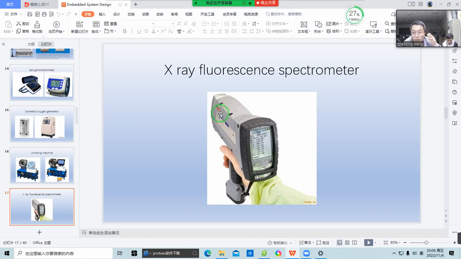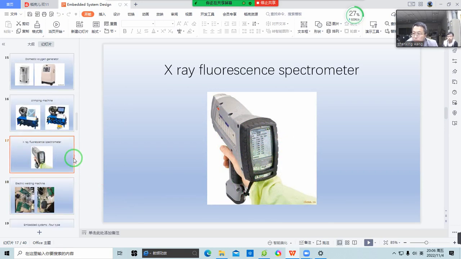First an X-ray is shot at the material, and the material bounces back the X-ray, and then it receives the voltage and the quantity of those X-ray particles. After gathering enough signals, it displays all this data on the screen. So this is also used in an embedded system.